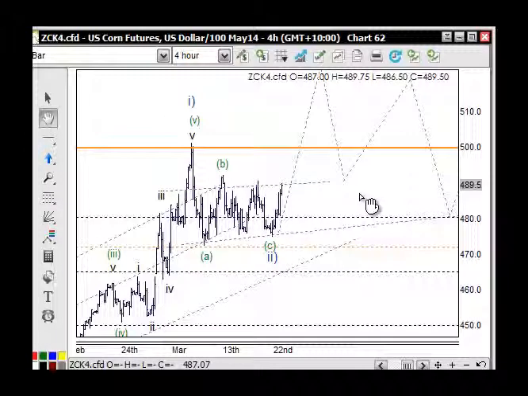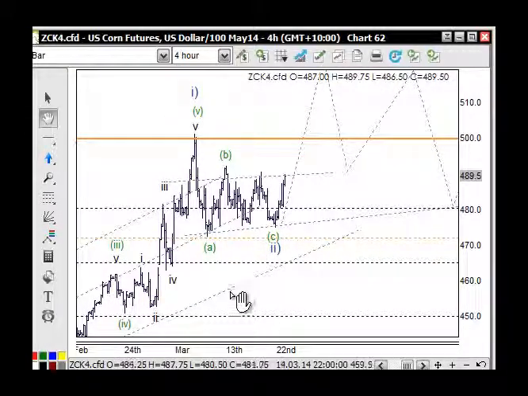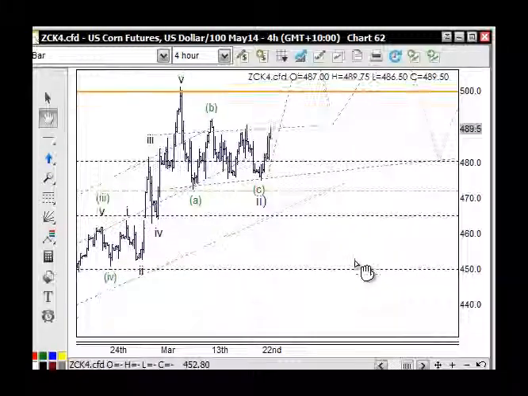So anyway, let's just see how we go. We have brought our stops up a bit closer here because I felt that if we're going to get wave 2 here, it could move much further down.